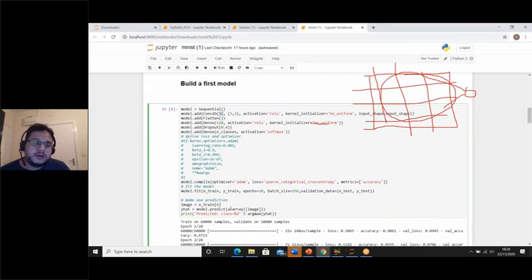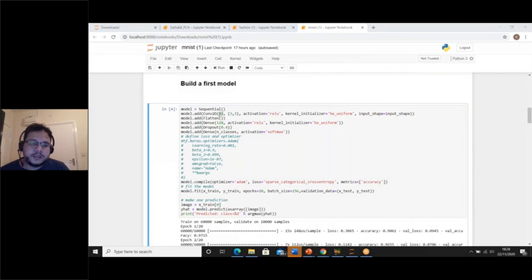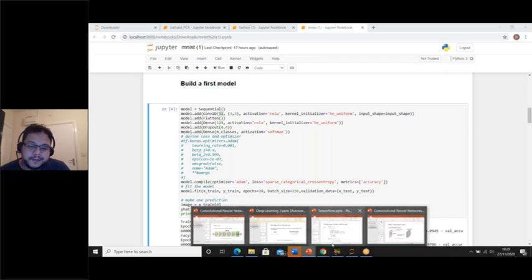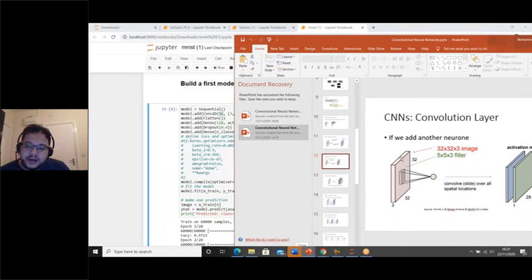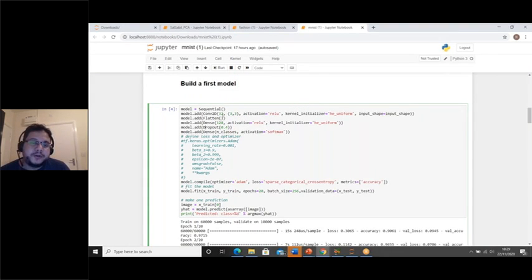No, 32 is the number of filters, so the number of neurons. This is one convolutional layer, and we get 32 of these. So this first layer will learn 32 different shapes.